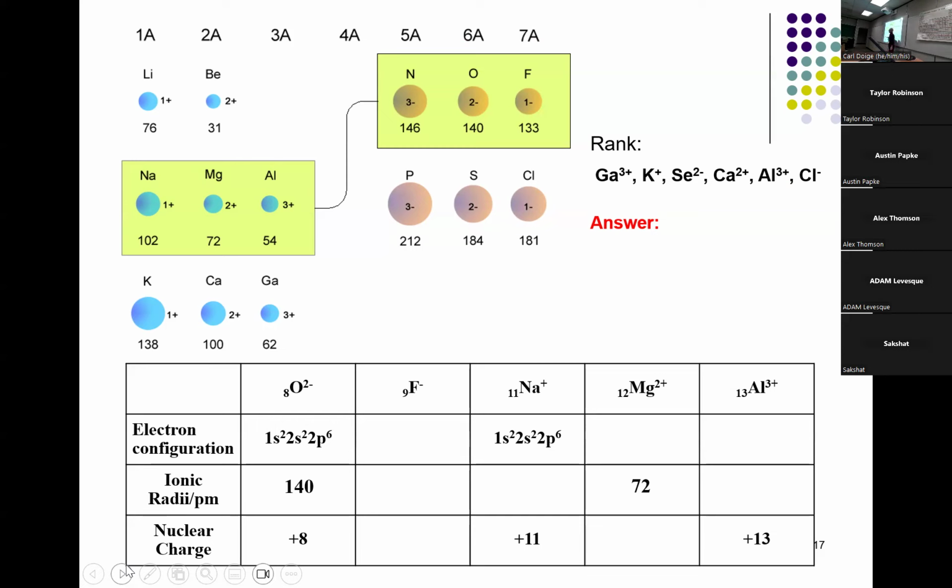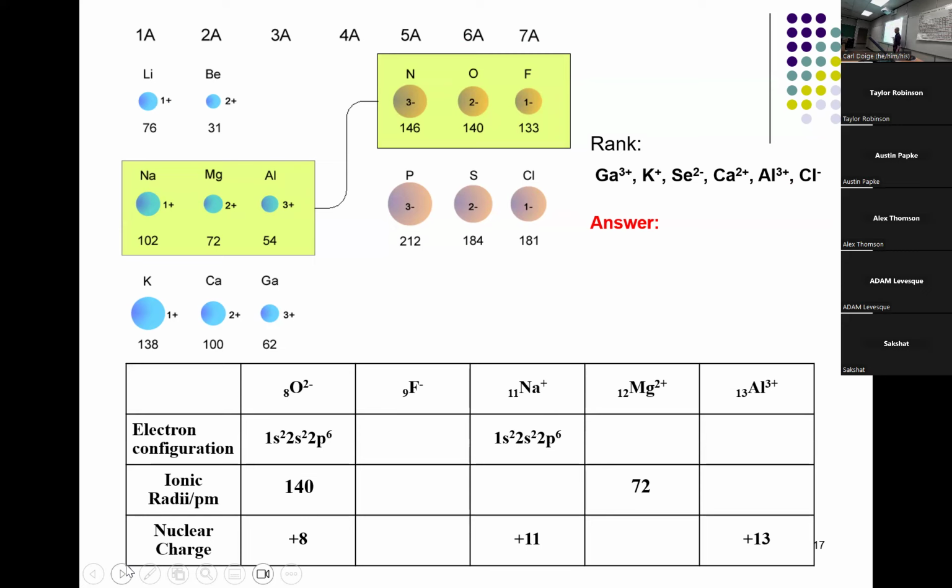What about the electron configurations? Here's the electron configuration for oxide: 1s2, 2s2, and normally oxygen would be 2p4, but it's gained 2 electrons, become O2 negative. What would be the electron configuration for F negative? Same thing, right? Write it in. It's the same as the nearest noble gas. We've seen this before.